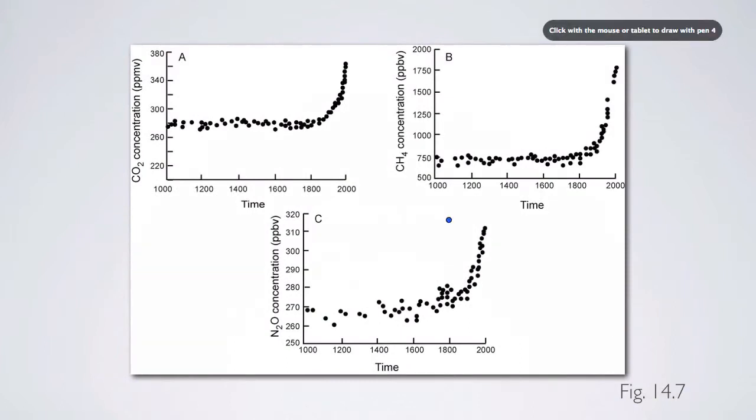If we take a look at the third panel of figure 14.7, we had already looked at how CO2 concentrations have changed, how methane concentrations have changed, and here's N2O concentrations over the past 1,000 years. And again, these are sampled from ice cores in Antarctica. N2O concentrations have been relatively low, somewhere in the order of 260, 270 parts per billion. And since the Industrial Revolution, we saw a large increase.